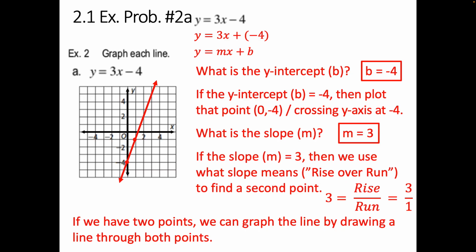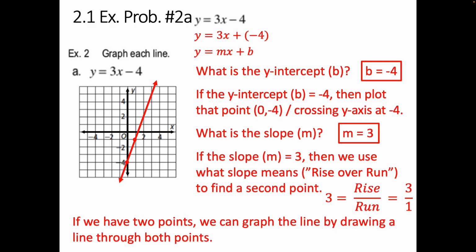And from that first point, we know we move, in this case, 3 over 1, rise 3, run 1, and that gave us a second point. Once we have that second point, now we have 2 points. You can draw a line in between them to give us our line that we're trying to graph here. So begin with b, then move m. You've got 2 points. Draw the line.